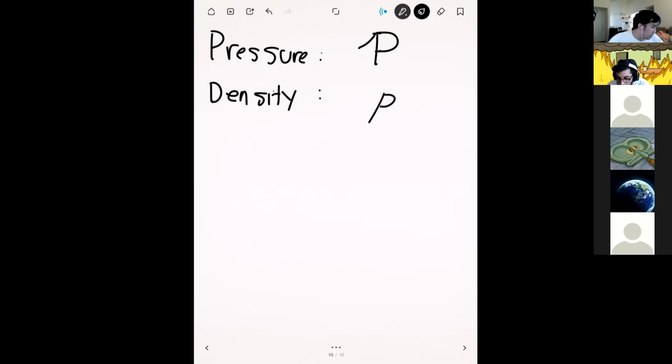Okay. I want to double back to something we did on Monday, which was fluid properties. In the notes, I have density, viscosity, compressibility, surface tension, and vapor pressure.